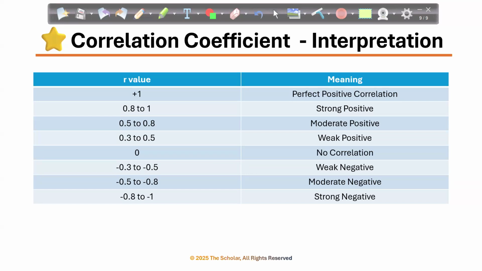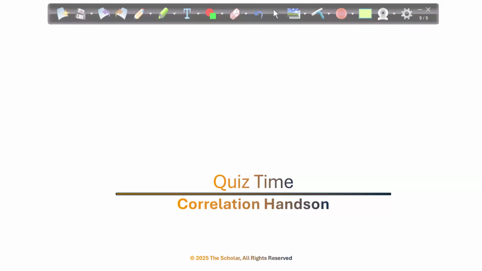So that is giving me the understanding about what type of correlation you have. Is it strong, weak, moderate, and so on.